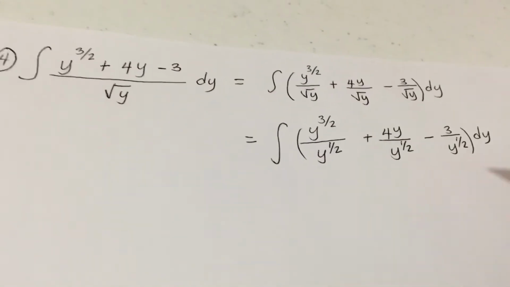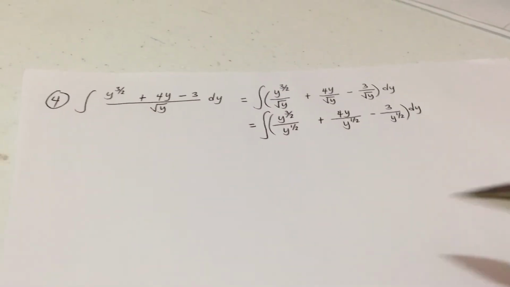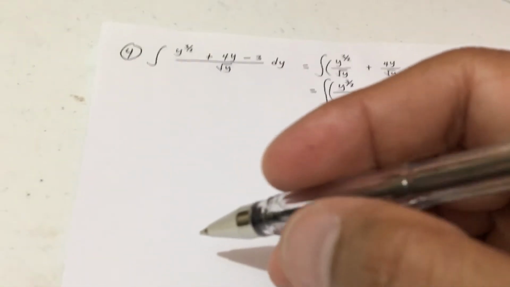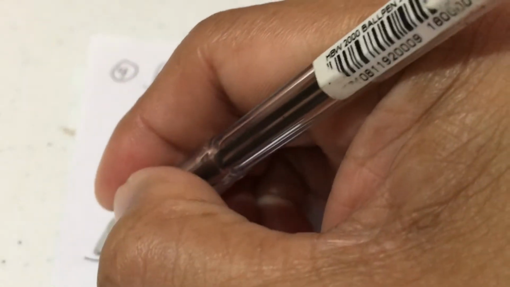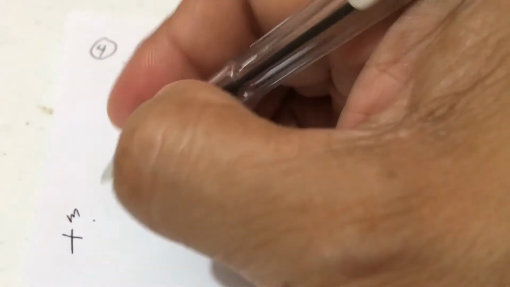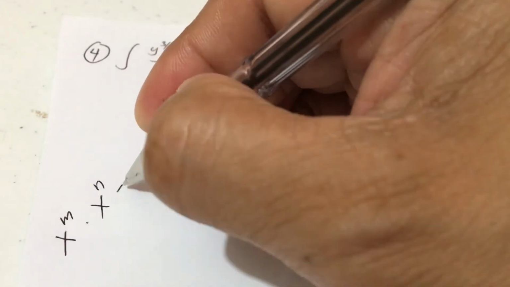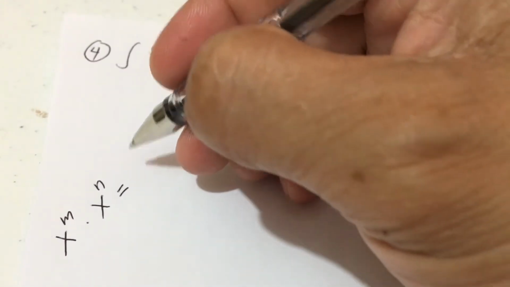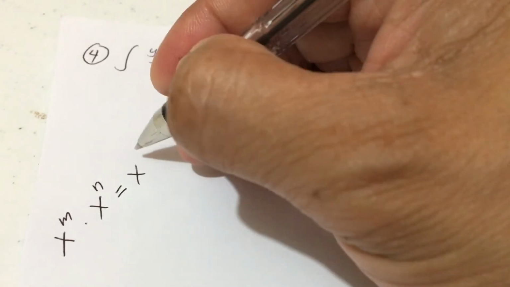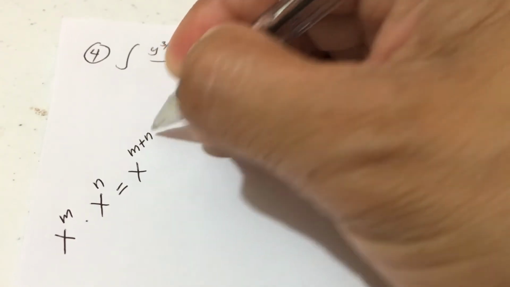Then we will apply the law of exponent, and we will use this concept in algebra that if you have x to the power m multiplied by x to the power n, we can rewrite this as x to the power m plus n.